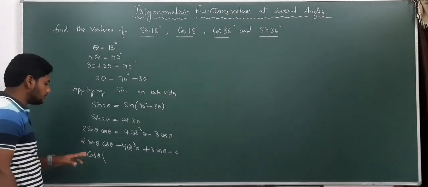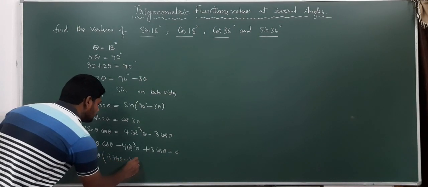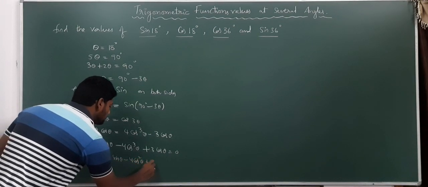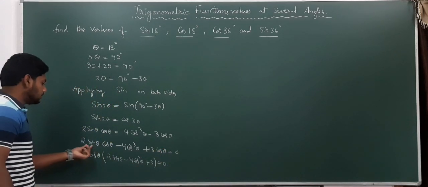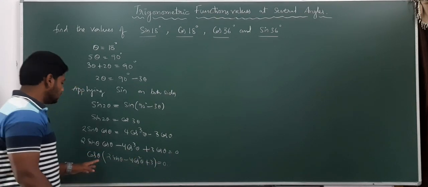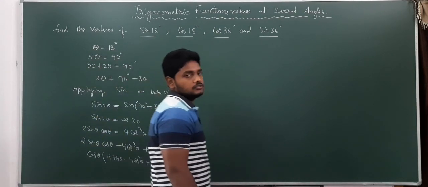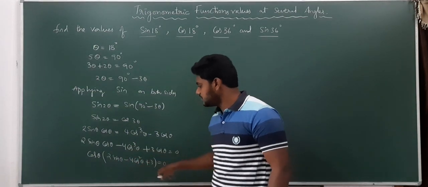If we take cos theta common, then it will be 2 sin theta minus 4 cos square theta plus 3 which is equal to 0. Check it. Cos theta if we take common, 2 sin theta, 4 cos square theta plus 3 will be there. Now this is the form of AB equal to 0. If AB equal to 0, either cos theta equal to 0 or this is equal to 0.